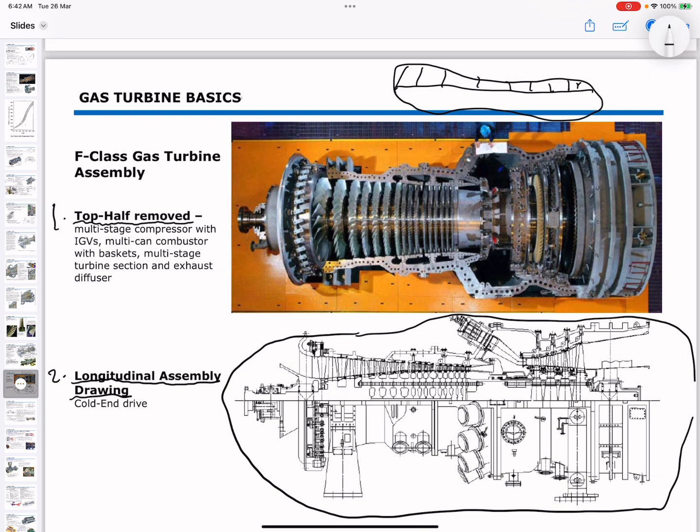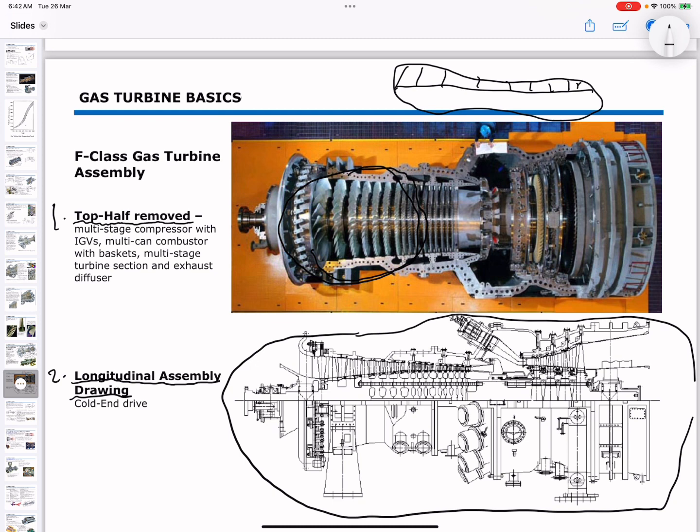You can see the multi-stage compressor, with variable inlet guide vanes. You can see the vanes that direct and adjust the airflow into the compressor.